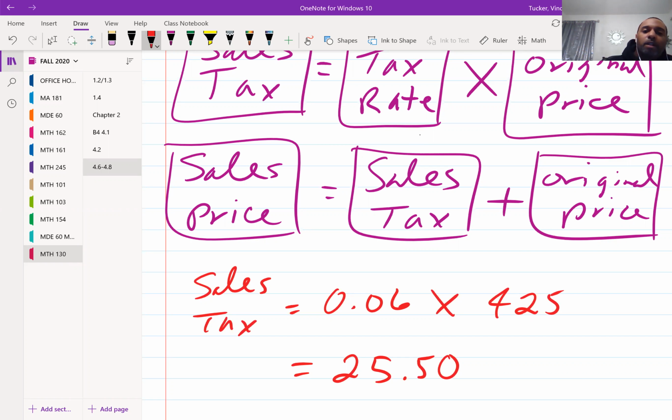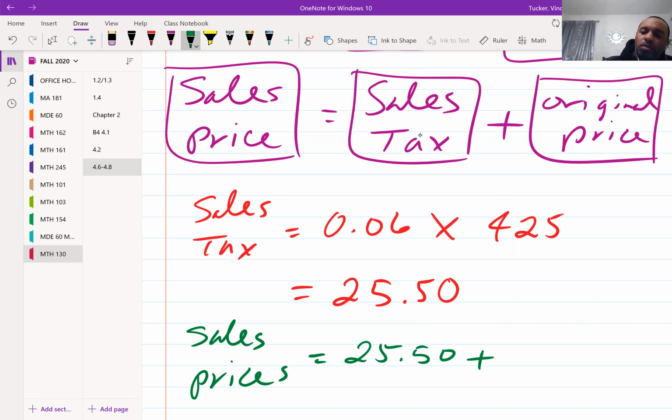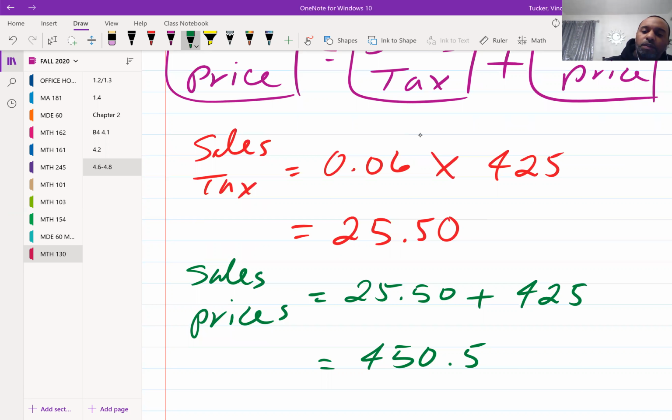All right. And then if I want to find the sales price, we would take the sales tax, which is $25.50, and then add it to that original price, which is 450.50.